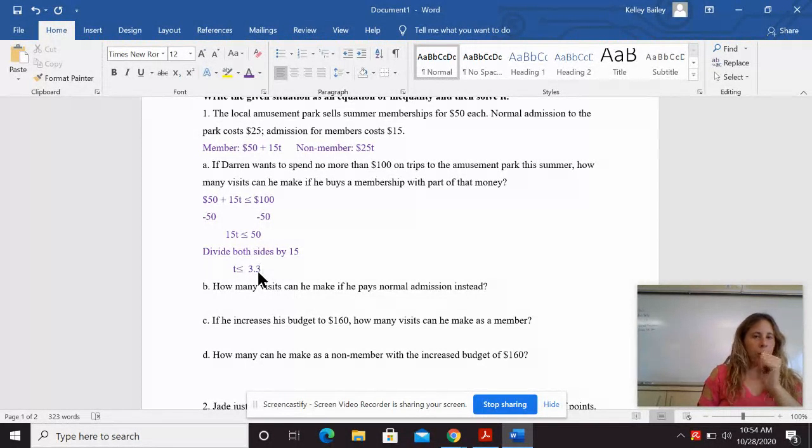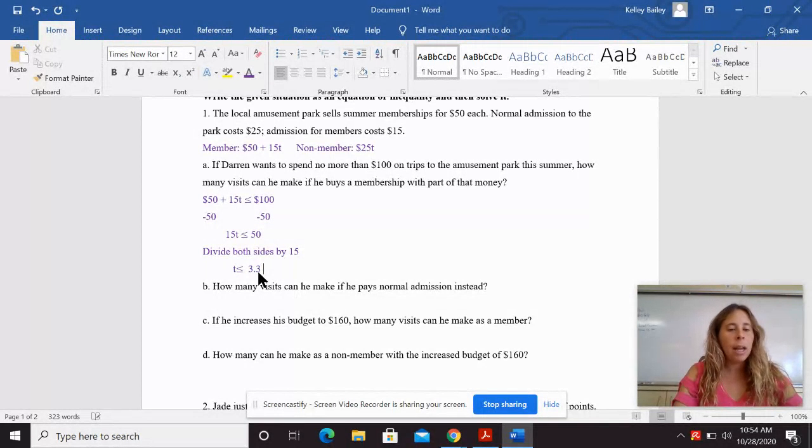Hold on. I'm arguing with the book in my head because the book got something slightly different than that. 50 plus 15T less than or equal to 100. So we subtracted 50 from both sides. 100 minus 50 is 50, right? I'm not going crazy? Yeah, it is. So then you're going to divide 50 by 15, which is 3.3. The book is close, but the book's not correct.